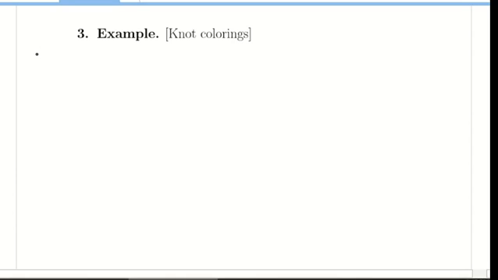what is a knot? A mathematical knot is, I didn't draw that very well. It's a circle that lives inside three-dimensional space. So here's an example of one.